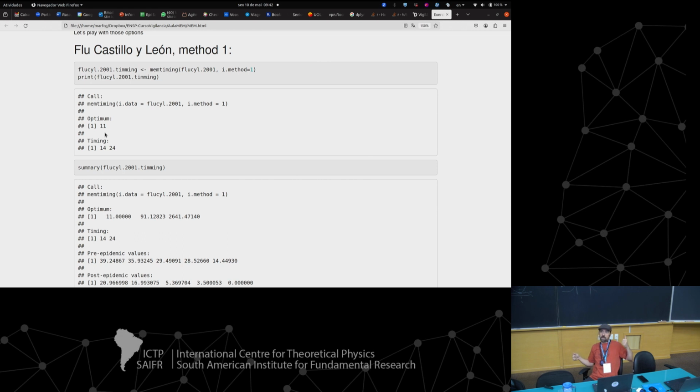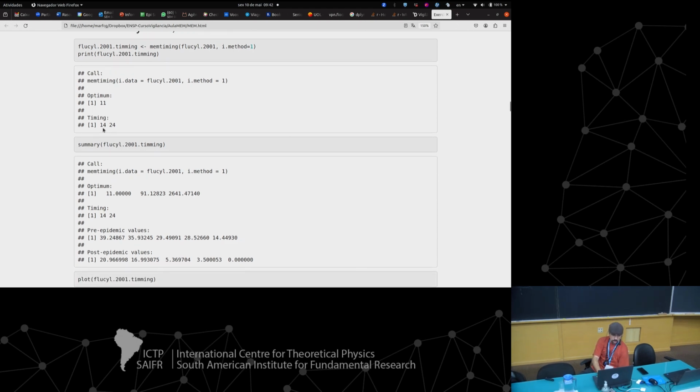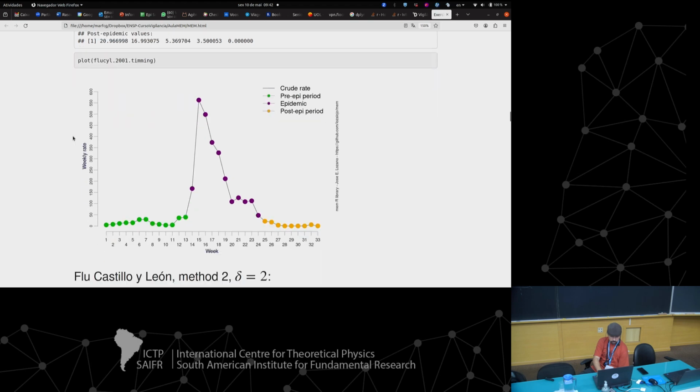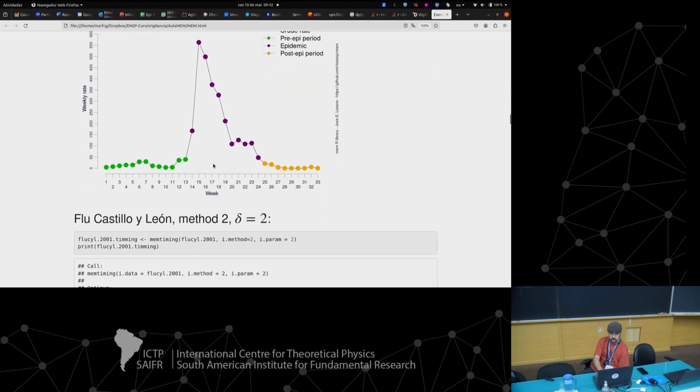With the previous method, it was 10 weeks, so it's just a small change in that particular data set. The starting point is the same. So we just added another point from the post-epidemic phase to the epidemic phase.